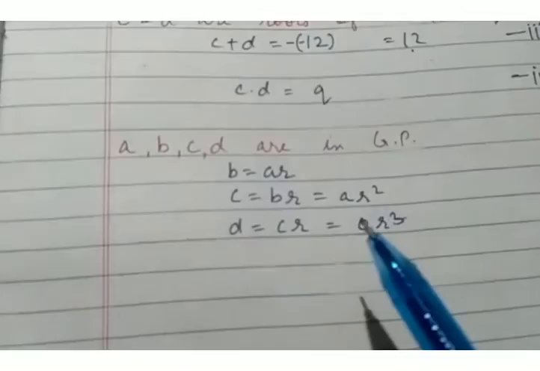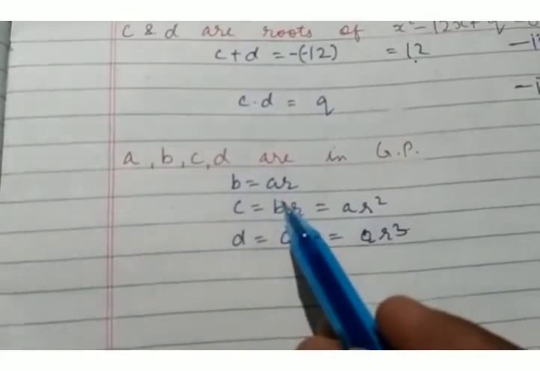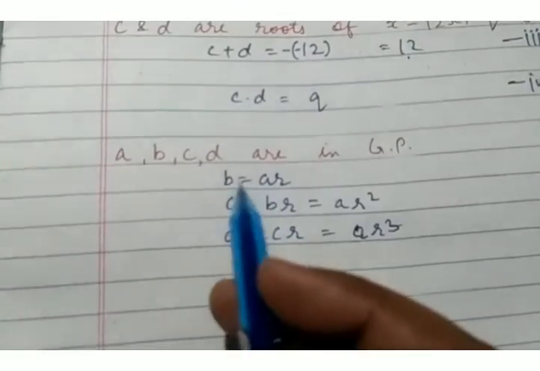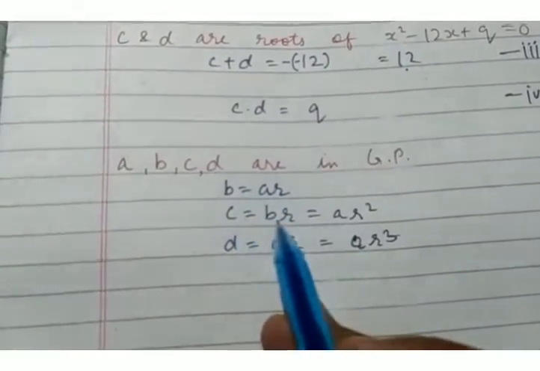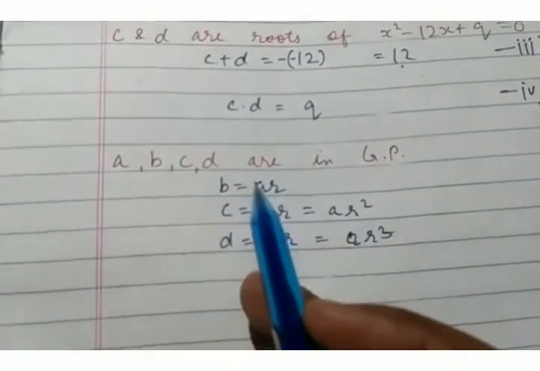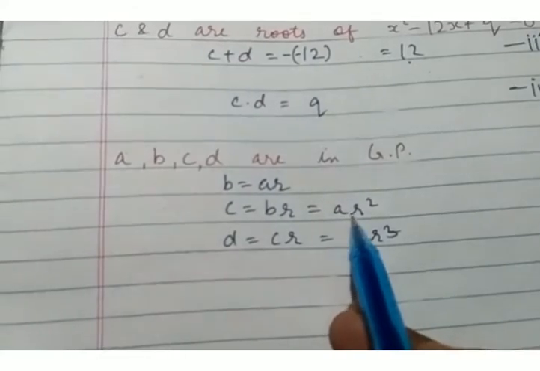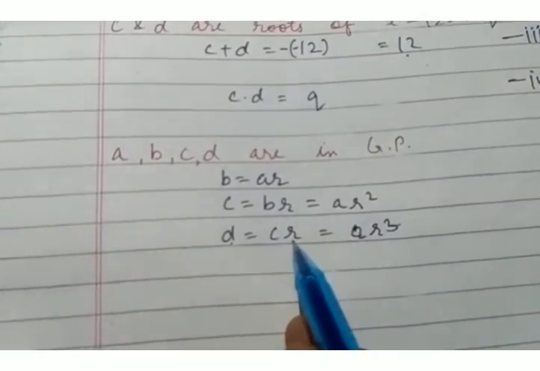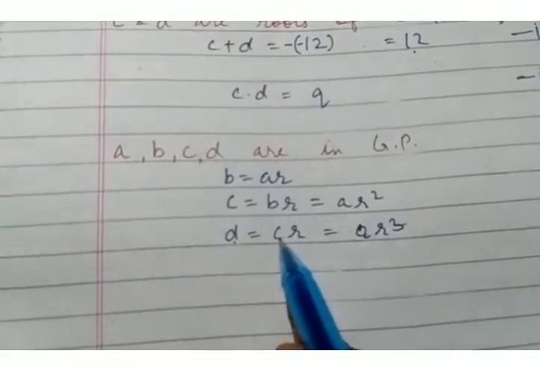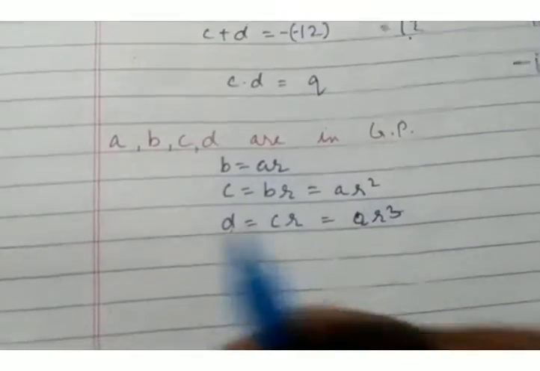The next thing in the question is that a, b, c, d are in GP. So we have solved one such question in the class also. If a, b, c, d are in GP, then we have b equals to ar, c equals to br, and instead of b we are going to put the value of ar. So it will be ar square. Now d equals to c into r, and the value of c we know is ar square, so this will be ar cube.